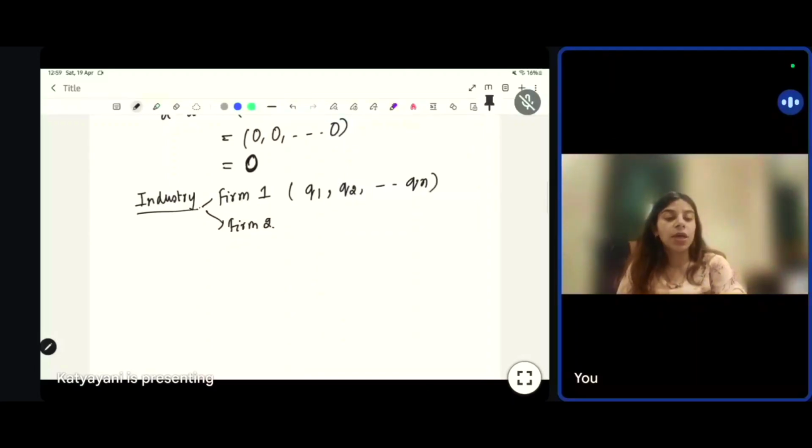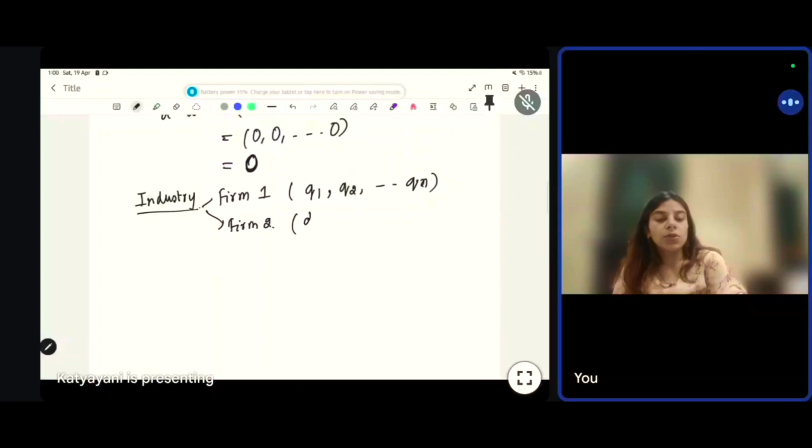So the first firm makes n products q1, q2, q3 and so on, and this is the quantity of those products, right? Similarly, the second firm also makes some quantity, let it be d1, d2, and so on till dn, right?